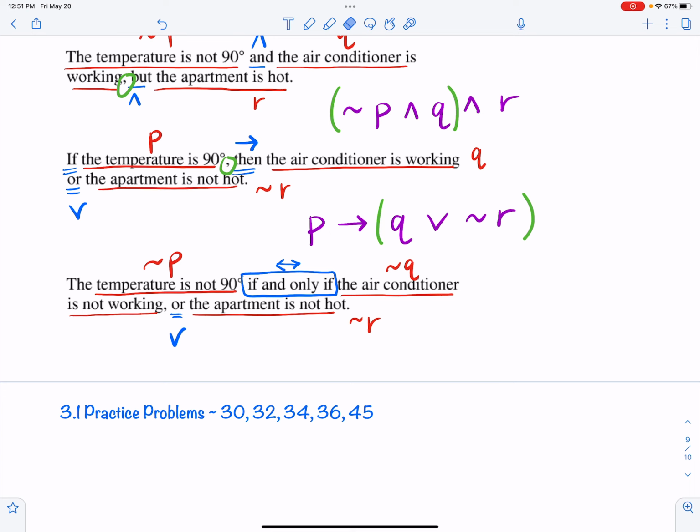Okay, so writing down what I have so far, I've got the negation of P, if and only if, the negation of Q, or the negation of R.